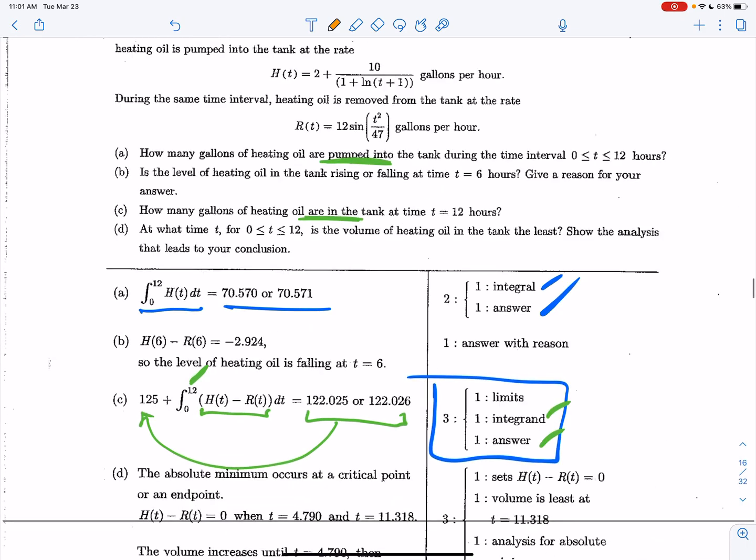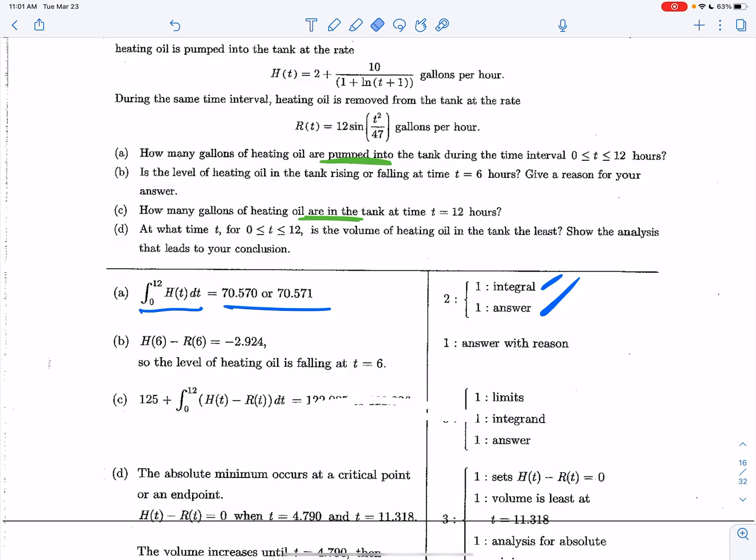Okay. So here it's a 1-point question, but it's still worthy of getting that 1 point. We're taking a look at part B here. What they did was subtract the two. Now think about it: if you're subtracting two numbers and it comes out negative, then the second number was larger. If it comes out positive, the first number was larger.